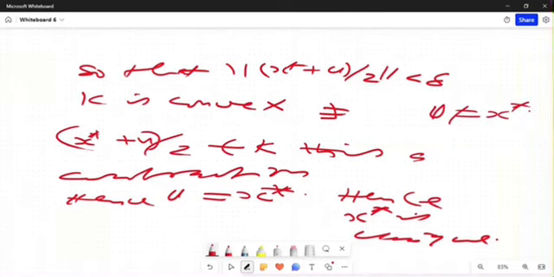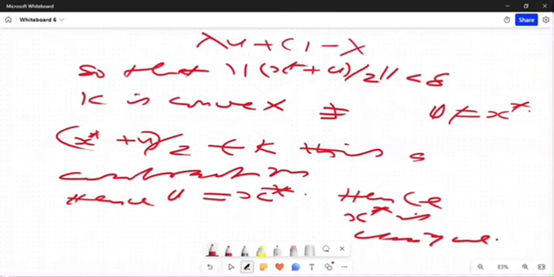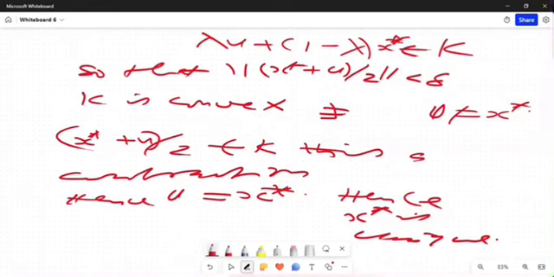Now, if U is different from X star, and K is convex, you now have that lambda U plus 1 minus lambda X star is in K. So look at this.